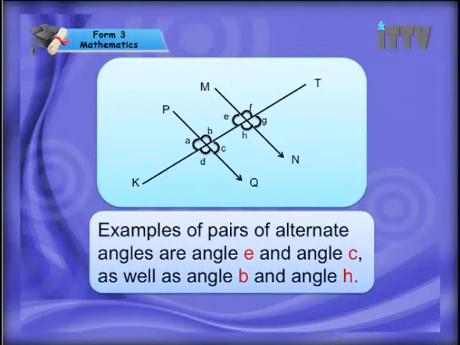Likewise, angle B and angle H are also alternate angles. So therefore, boys and girls, thus far we have learnt two main angles, that being corresponding angles and alternate angles.